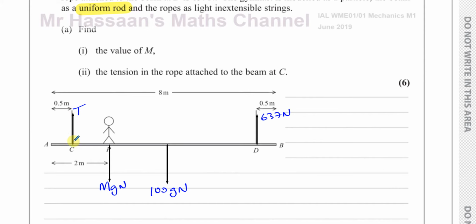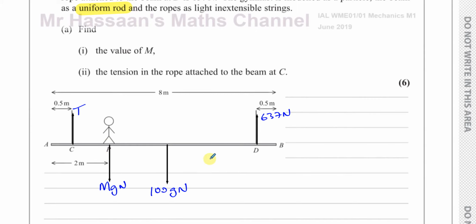We only consider the tension in the string pulling upwards on the beam, not the forces that the beam exerts on anything else. That's why we don't put in a reaction force here.